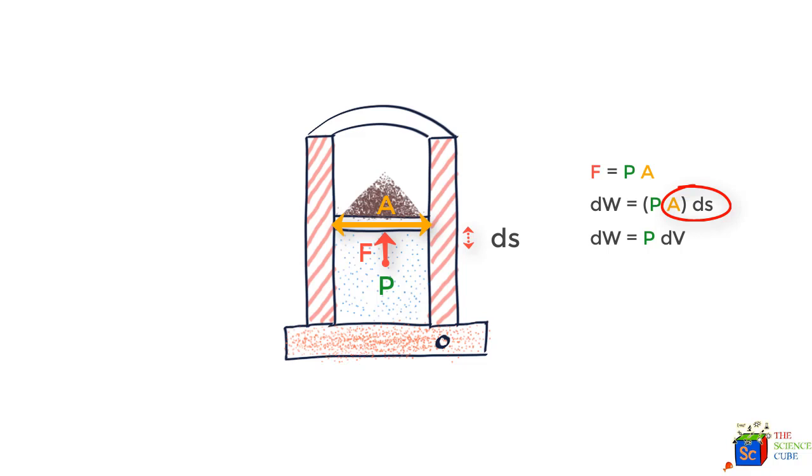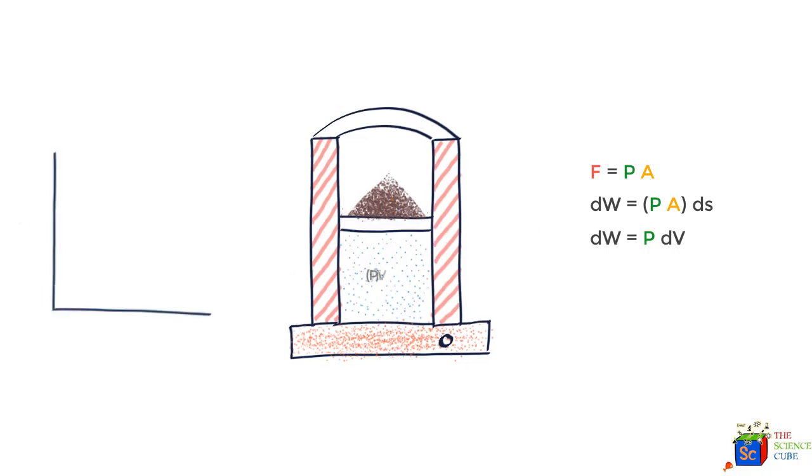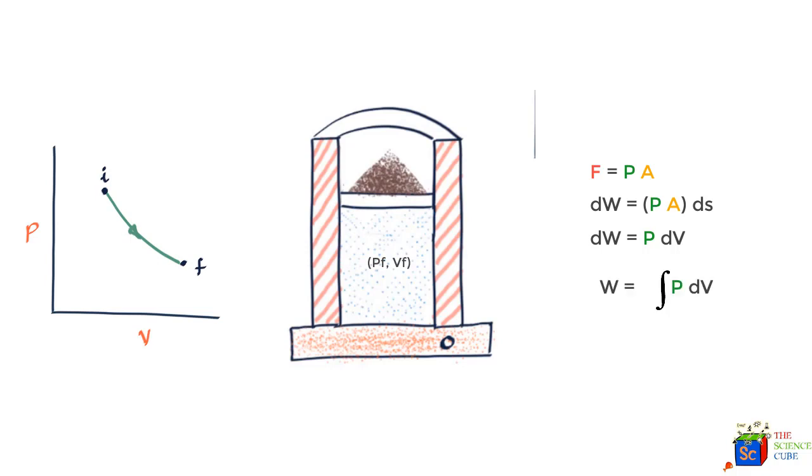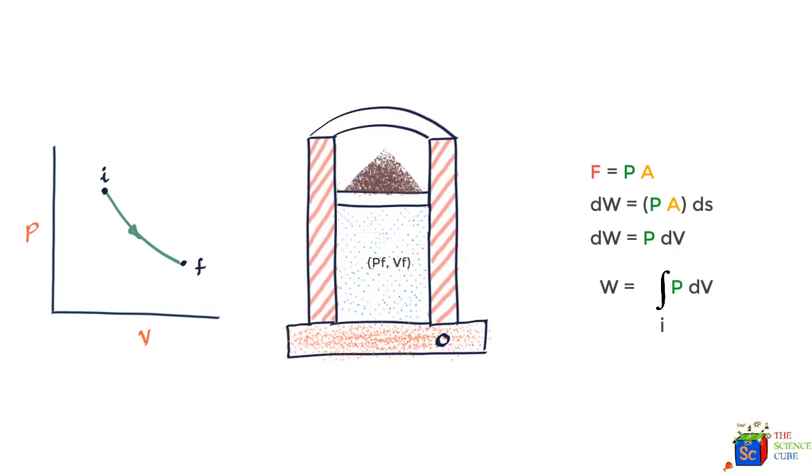Well, if we keep removing the grains of sand incrementally, the piston will keep moving up and the volume will eventually change from Vi to Vf. Then we can integrate both sides to find the total work done by the gas, or W is equal to the integral of PdV while it pushes the piston from the initial position to the final position.